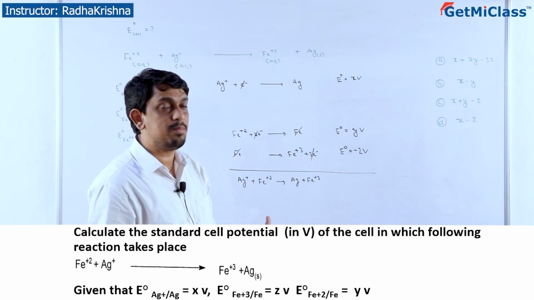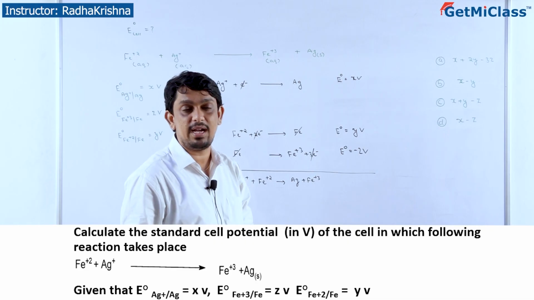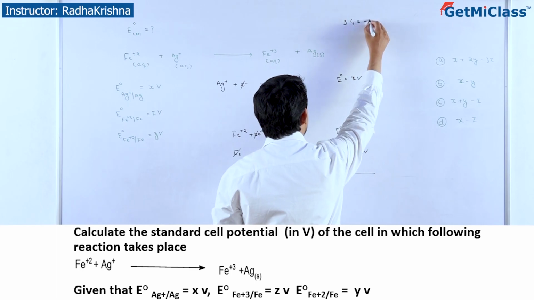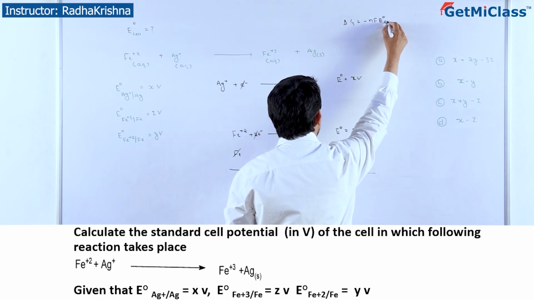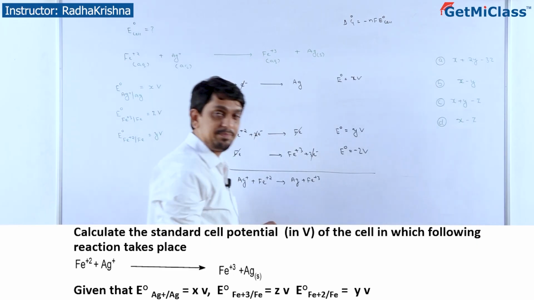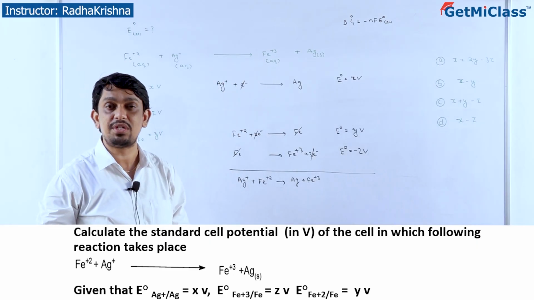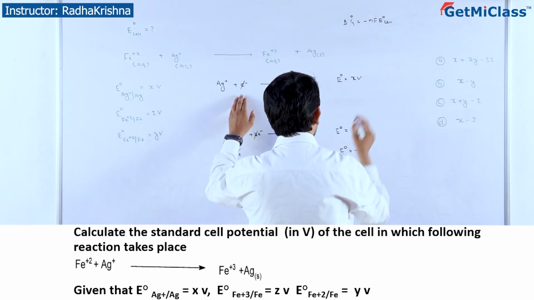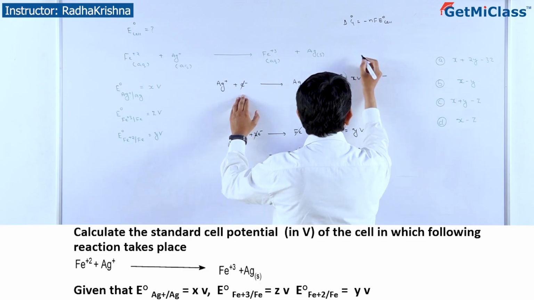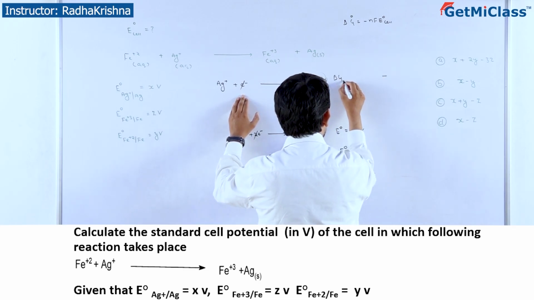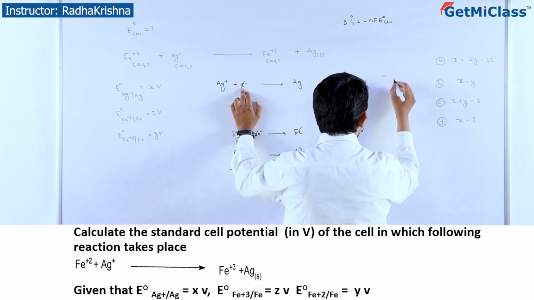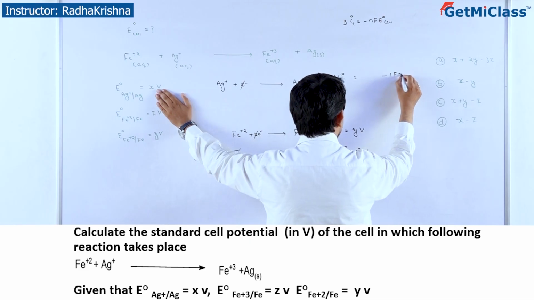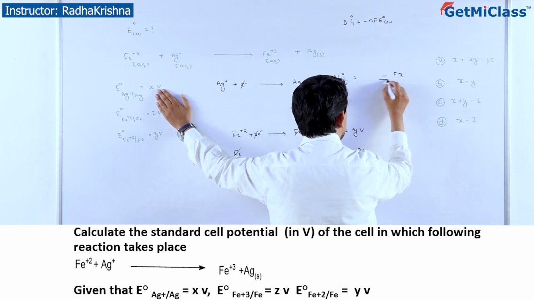So because of this problem, I am going to convert potential into energy. I know energy change is nothing but minus nFE0 cell if it is in the standard state, right? I am converting potential into energy so that energies can be added up. Now minus n, I'll write it, delta G1 naught. n is 1 electron involved, F, E0 was X. So minus FX you can write.